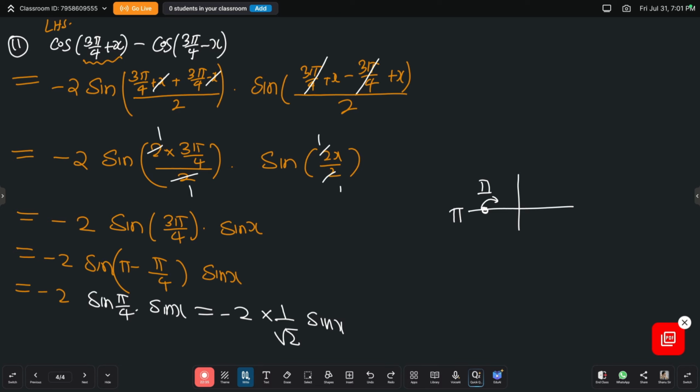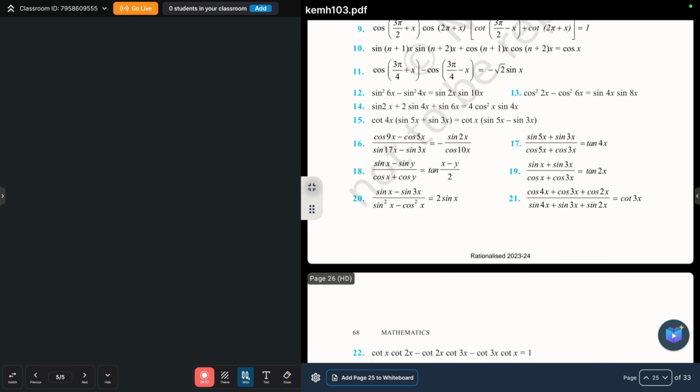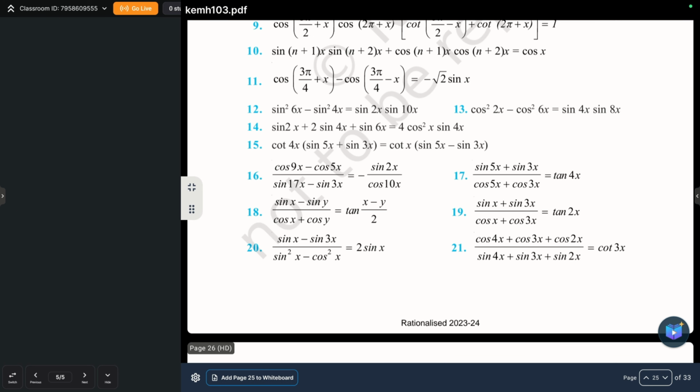You can write 2 as root 2 whole square, then one root 2 cancels. What is the final answer? Minus root 2 sin x, the right hand side. Proved. Question number 12.